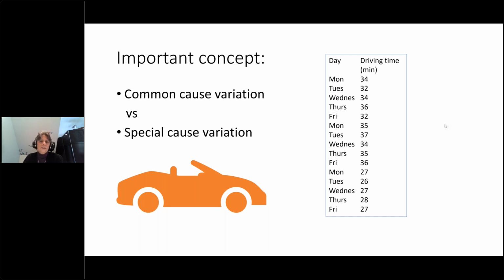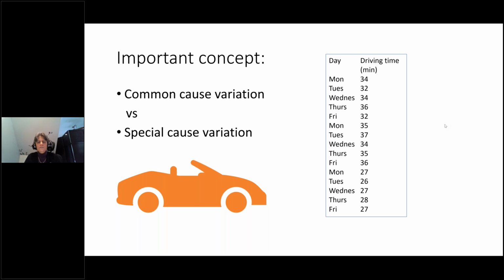Special cause variation might be something like you're driving to work and the road is blocked, or there's an accident on the highway and the traffic is stopped. It could be an interruption or a change in the process. And it's not necessarily good or bad, because sometimes that special cause variation is an improvement, and sometimes that special cause variation is an indication that there's a problem or something isn't functioning the way it should.